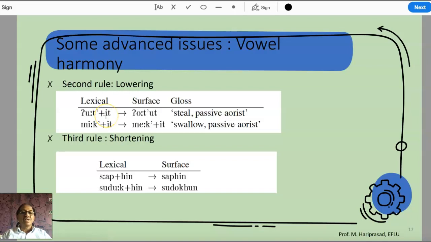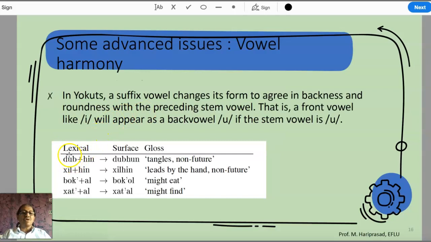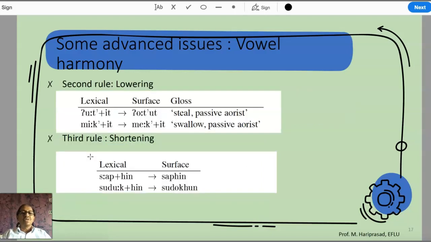It's also short, right? When these two combine, look at what happens to the suffix. The suffix has become u because of your first rule. The first rule says if you have a rounded vowel, you influence the suffix vowel, make it round.